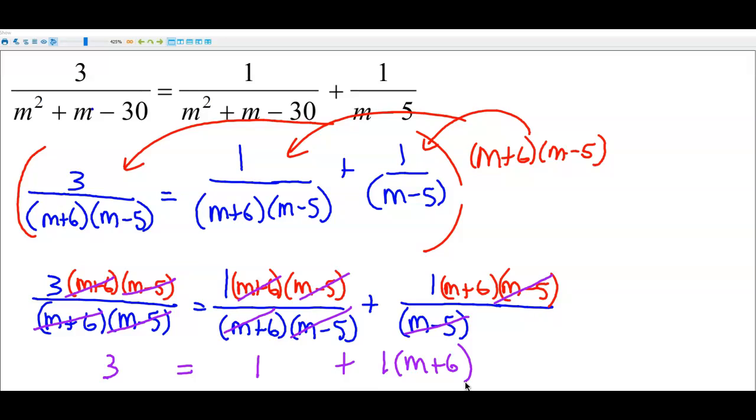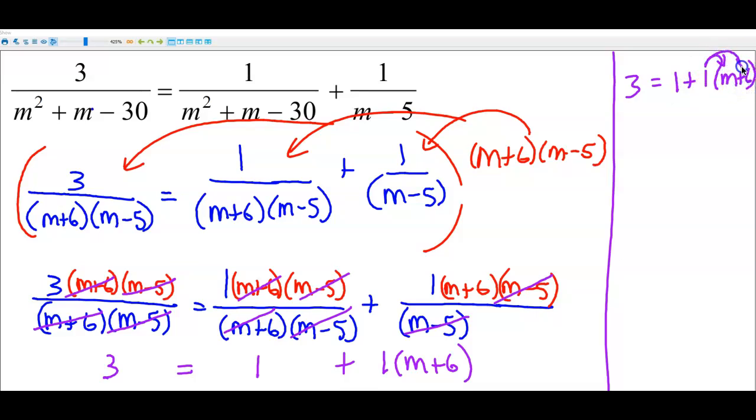So from here, there's not much new and surprising. So what did we do? We factored first, then we multiplied to cancel. Okay? So now we're ready to solve. So I've got 3 equals 1 plus 1 times m plus 6.